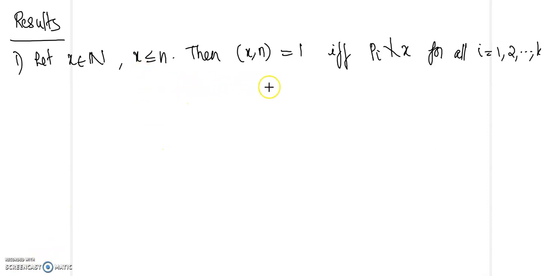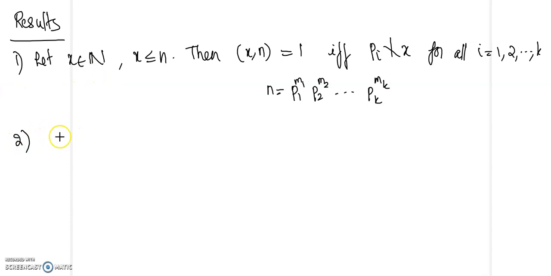Here we have n equal to p1 raised to m1, p2 raised to m2, etc., pk raised to mk. So if you have an x such that x is less than or equal to n, then x is coprime to n if and only if p1, p2, ..., pk do not divide x.